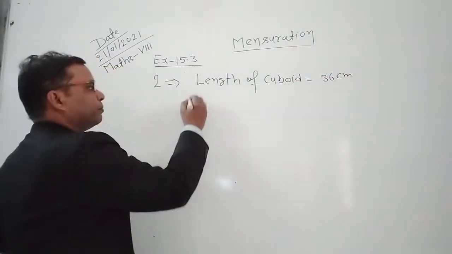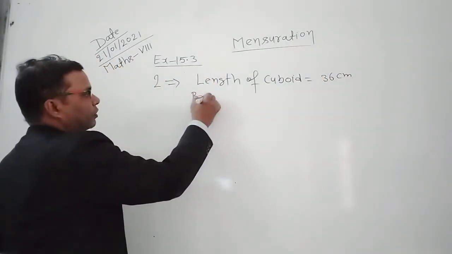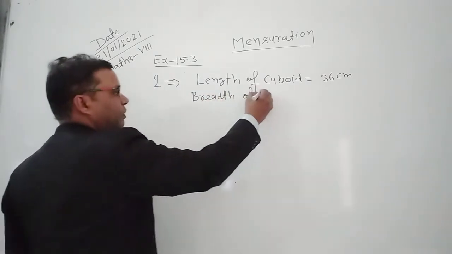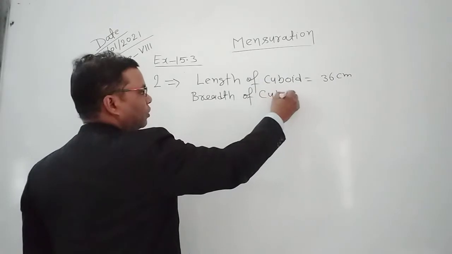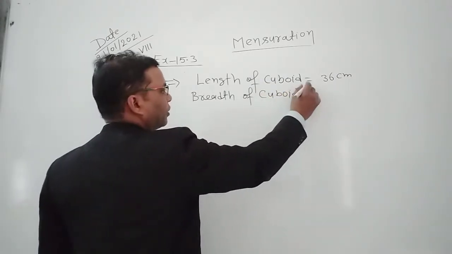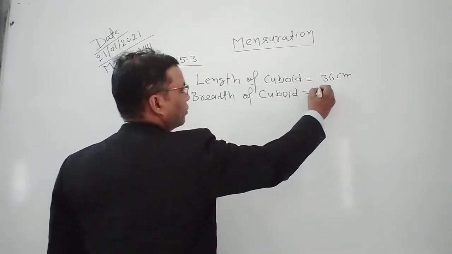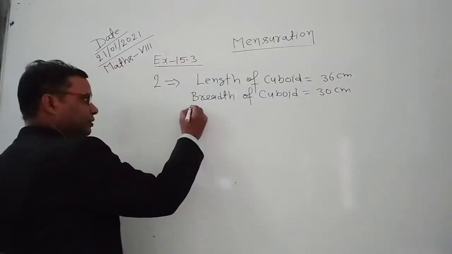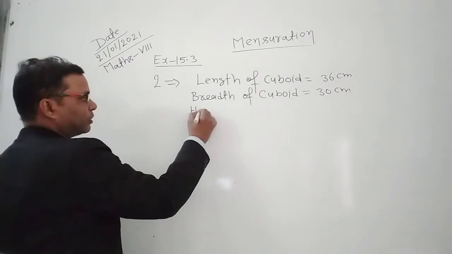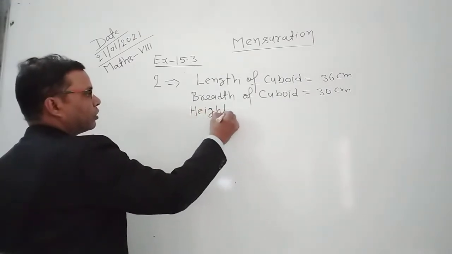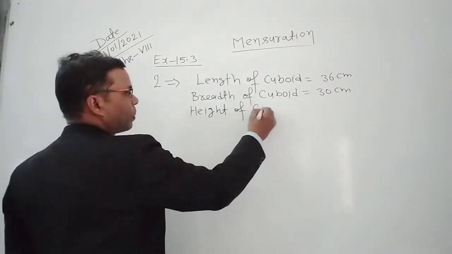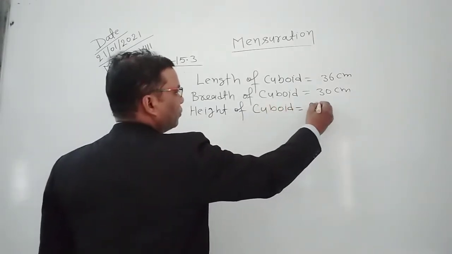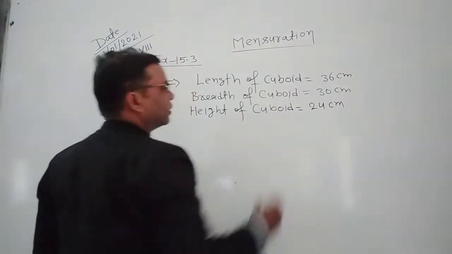Okay, breadth of cuboid is equal to 30 centimeter. Okay, and height of cuboid is equal to 24 centimeter.